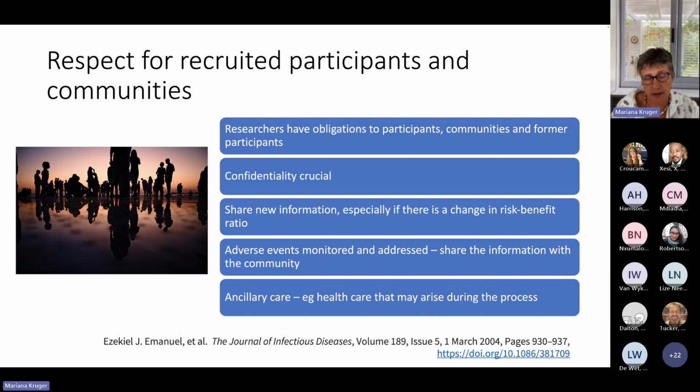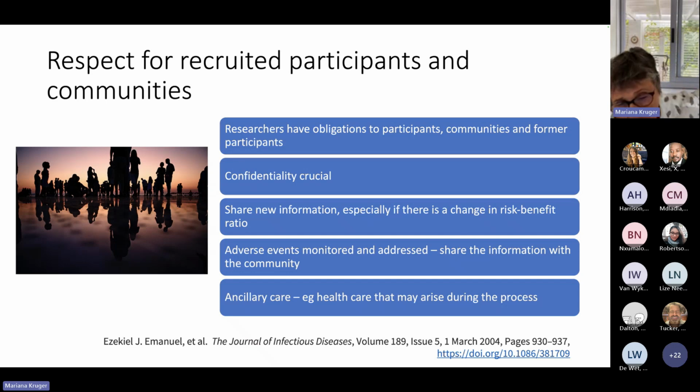But we also have the other side of the coin, namely that once we've got the information and analyzed it and we now know what the benefit is, we should find a way of sharing this information with the communities. And crucial to this is that if there's a change in the risk-benefit ratio, especially during the research process, this should be immediately communicated to the participants so they know about it. And all adverse events should be monitored and addressed, and this information should also be shared with that local community.